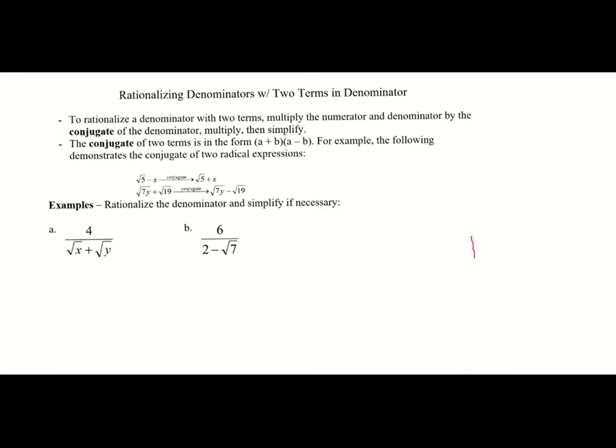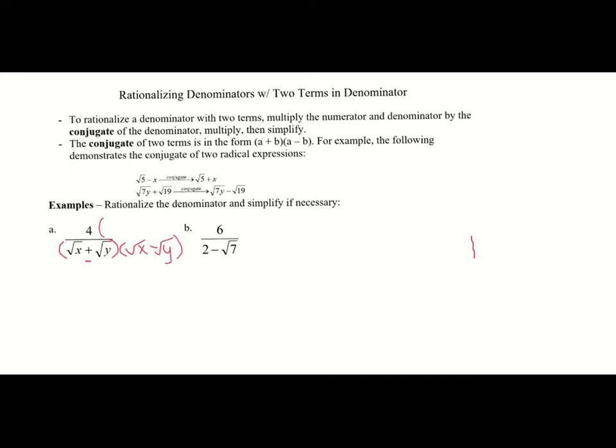So for A, we have the square root of x plus the square root of y. So to simplify and remove that denominator, we are going to multiply by the square root of x minus the square root of y.